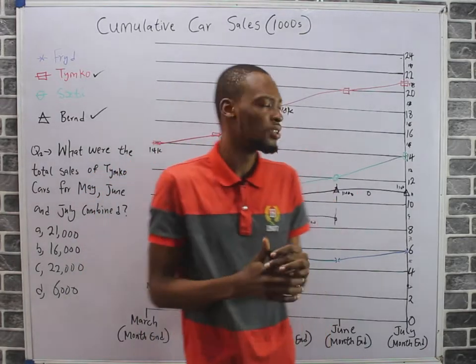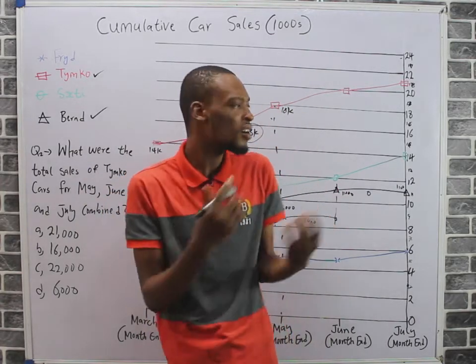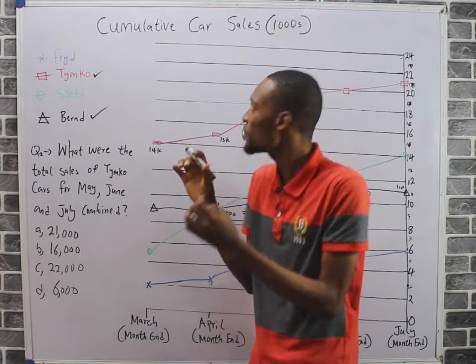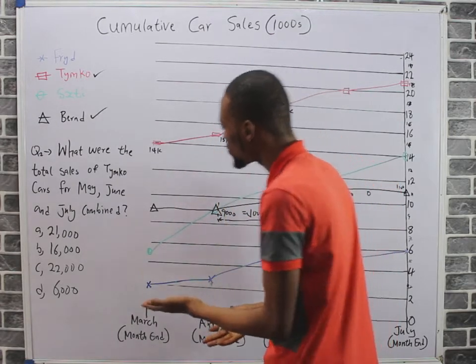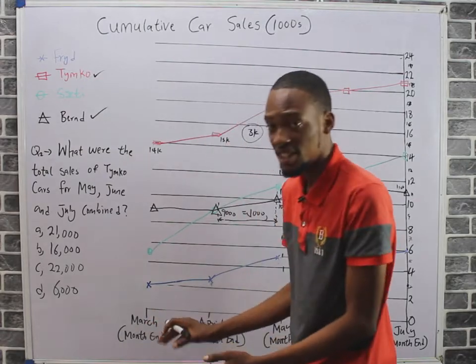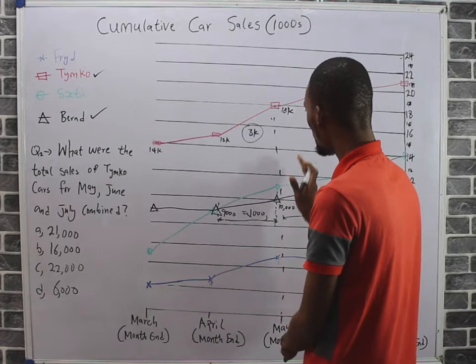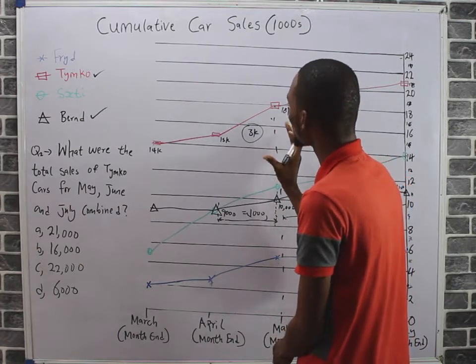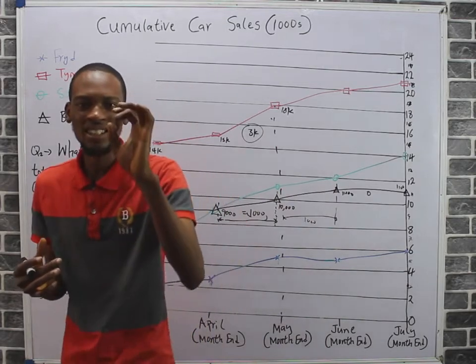It is simply the sales from the beginning of tracking, or from the beginning of keeping records of the number of sales. So if we assume the business began in March, this means from March to May, 18,000 sales were made. They were able to sell 18,000 cars.